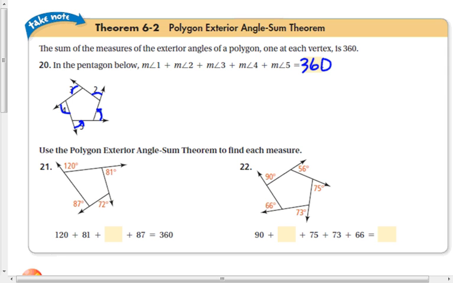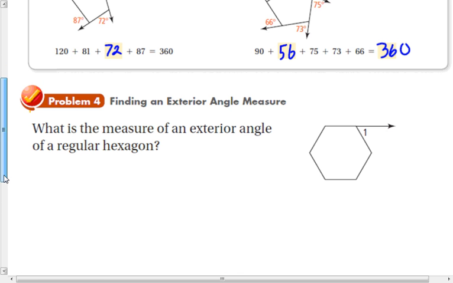So we can find a missing angle because we know that all the angles are going to add up to 360 degrees. These should all add up to 360, and you're missing a 56 degree angle there.